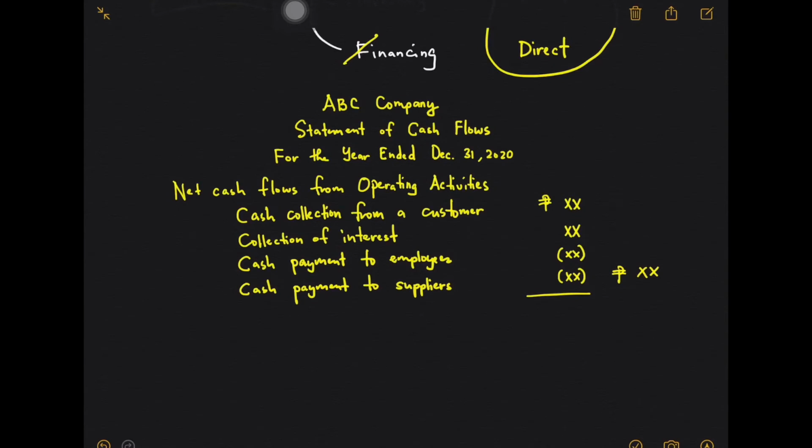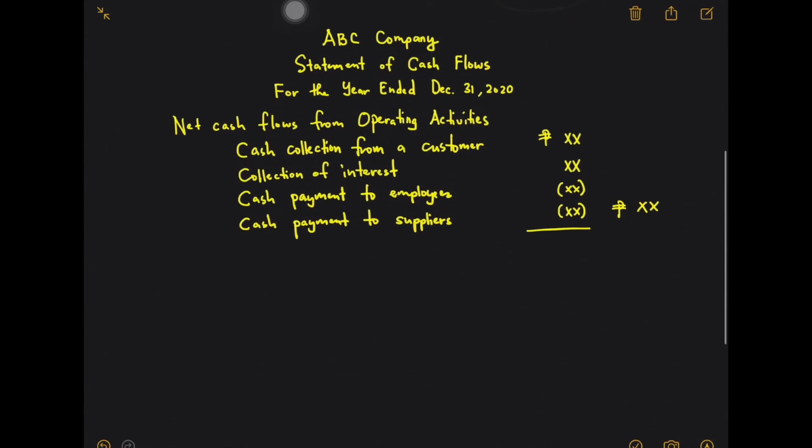So that's the first. Now we jump to another activity. For the next, you will write the net cash flows from investing activities. What if in the investing you only made payments, meaning you don't have any collection? So in that case, you can just proceed as usual. You will start with the payments because you don't have any receipts.